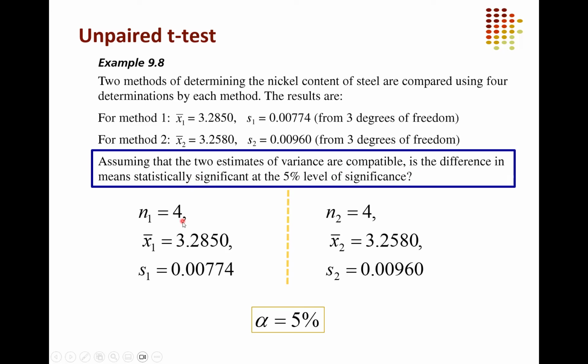So we have n1, x1 bar, s1, n2, x2 bar and s2. We have the apparent difference in x1 and x2, and we have to consider at the 5% level of significance whether there is a statistically significant difference or not.